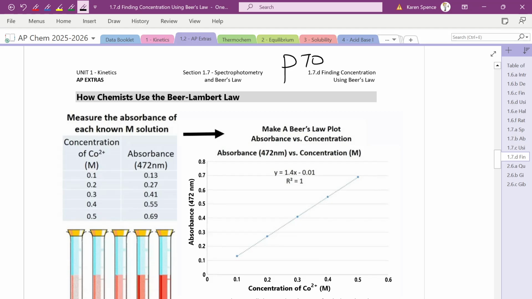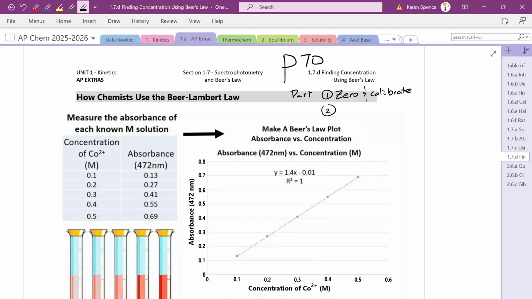Calibration, yes, you have to zero it, okay? So number one, you zero and calibrate. Part two, yes. Oh yeah, you have to heat the light bulb up.